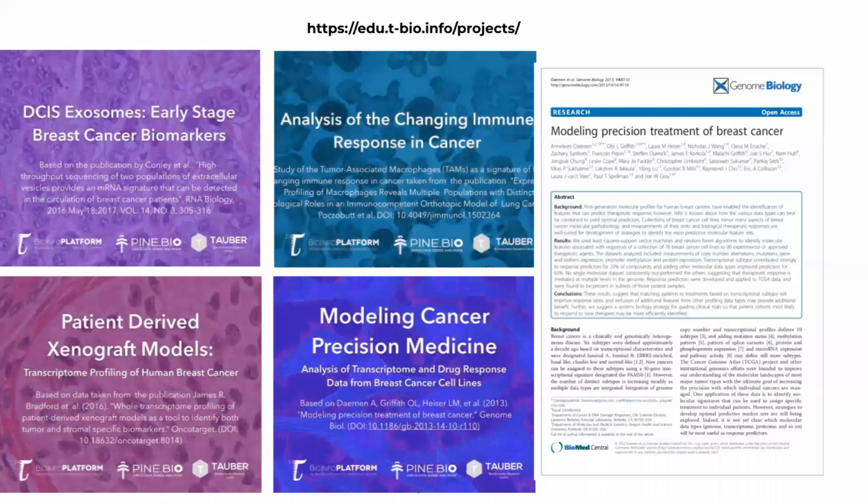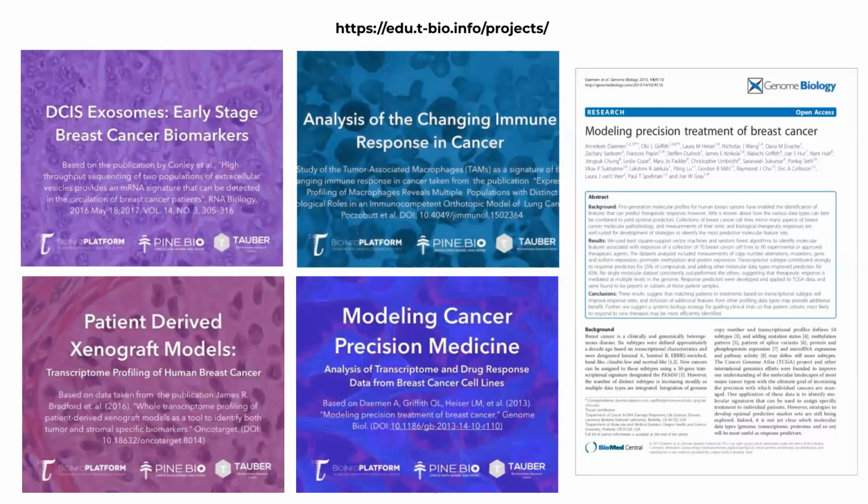In the context of cancer, we'll be looking at these 4 examples today. We already talked about modeling precision treatment of breast cancer in a bit of detail. But there are also some other ones that we covered, like early detection of breast cancer biomarkers, and some of the projects that I already covered in the previous slide.